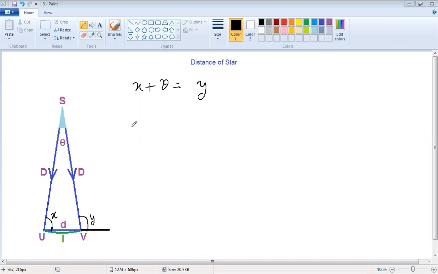See, in triangle SUV, angle x plus theta, this is the sum of two interior angles, which is equal to exterior angle y. So this is the exterior angle property.